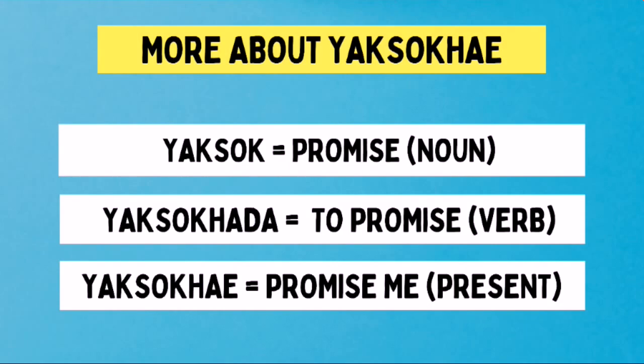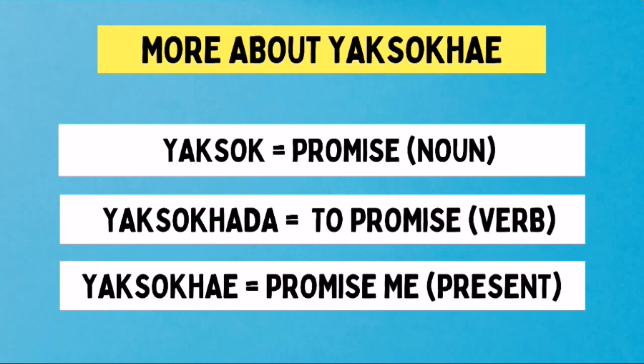Just some more information about the word YAKSOKHAE. It actually came from the word yaksok, which is the Korean noun for promise. Aside from the noun yaksok, there is also a root verb for the action of promising, and that is yaksokhada, which means to promise.